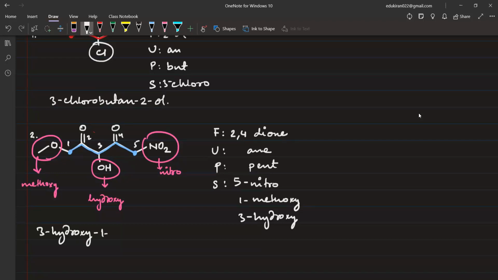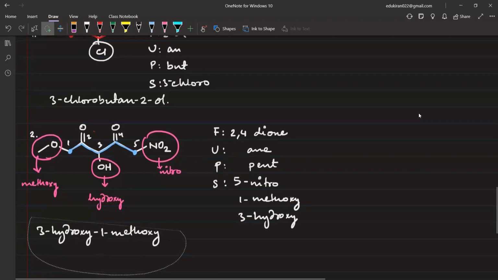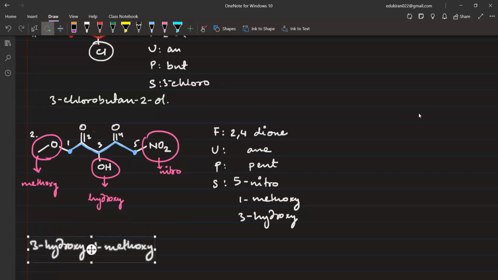Sir, I have a doubt. Yes, tell me. You said the substituent which comes first in alphabetical order gets the least number. According to that, H comes before M, right? So it should be hydroxy 1, methoxy 2. No, wait. We have only two options now for numbering.